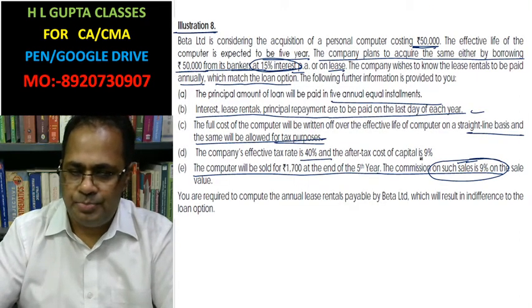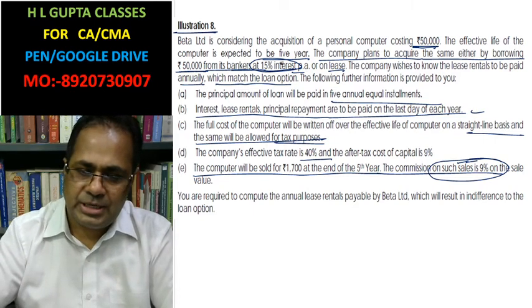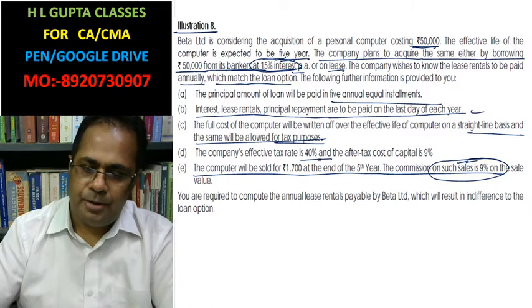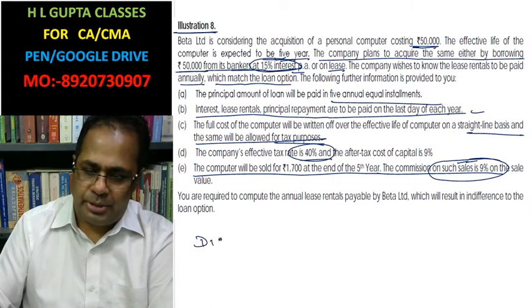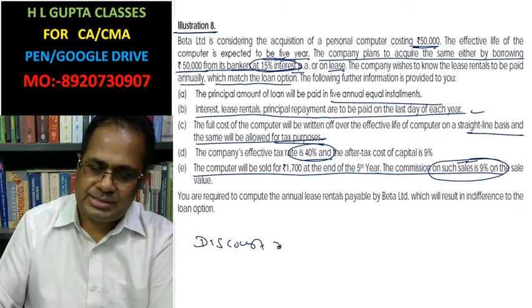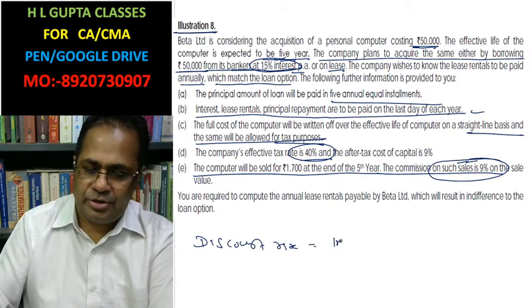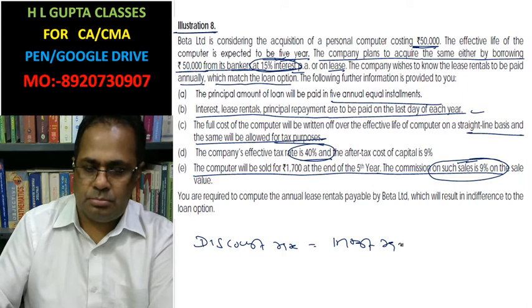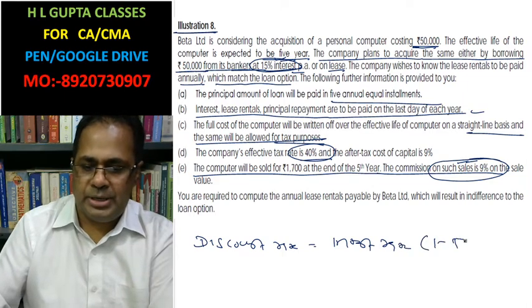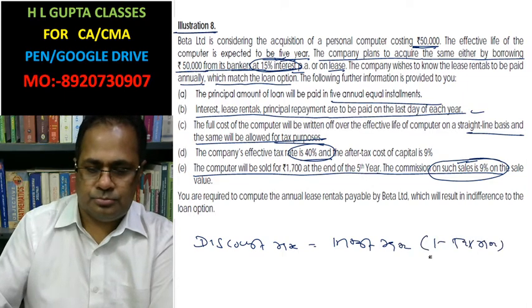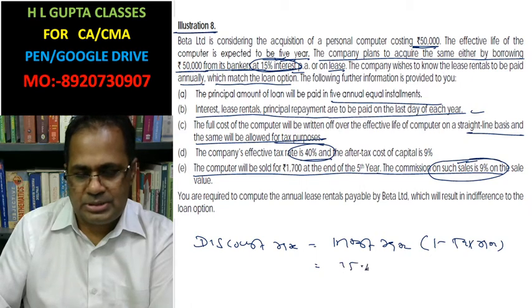The interest rate is 15% and the tax rate is 40%. The discount rate would be interest rate times 1 minus tax rate, that is 15% into 1 minus 0.40.